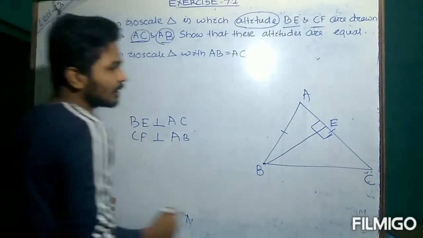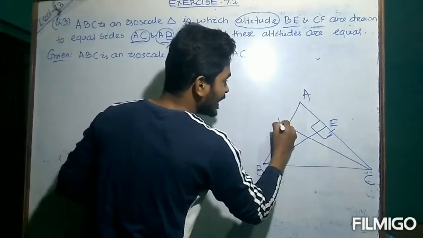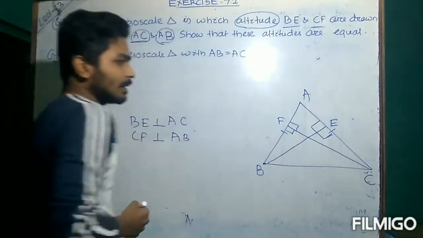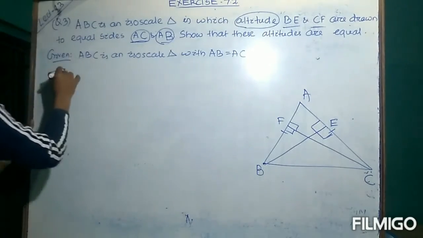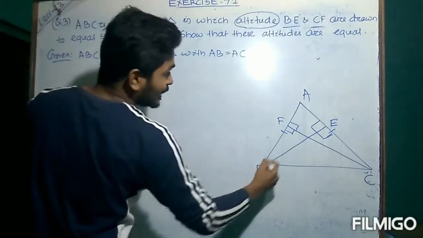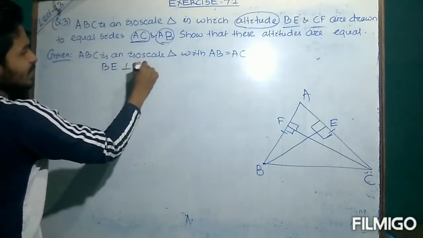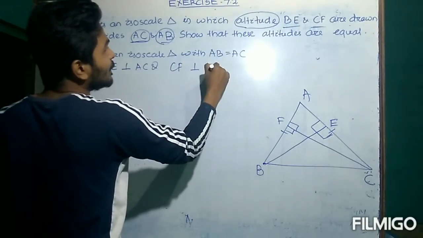And CF, suppose this is CF. Now this is perpendicular on AB. Understood? So it is given that BE is perpendicular on AC and CF is perpendicular on AB.